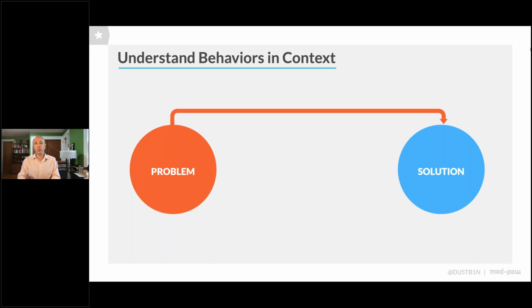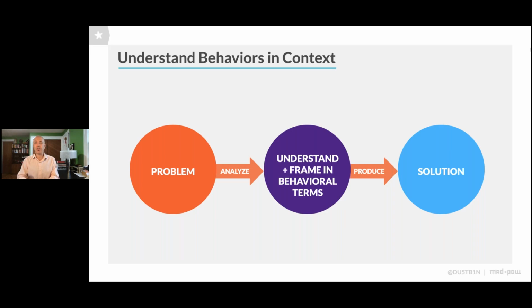And we tend to jump to those solutions, right? We've identified a problem and we jump to solution. And that takes away what I'm going to argue is the most important piece when we think about designing for behavior change, which is understanding the problem in detail and framing that problem in behavioral terms before we design our solution.